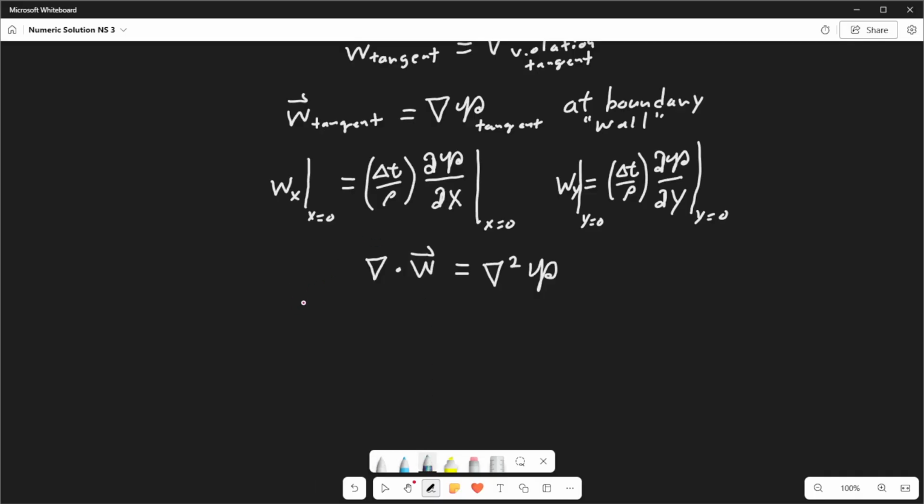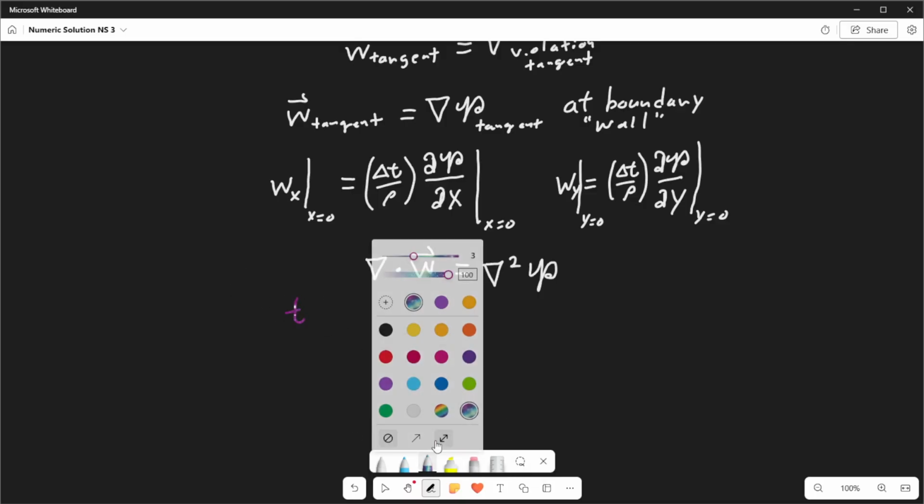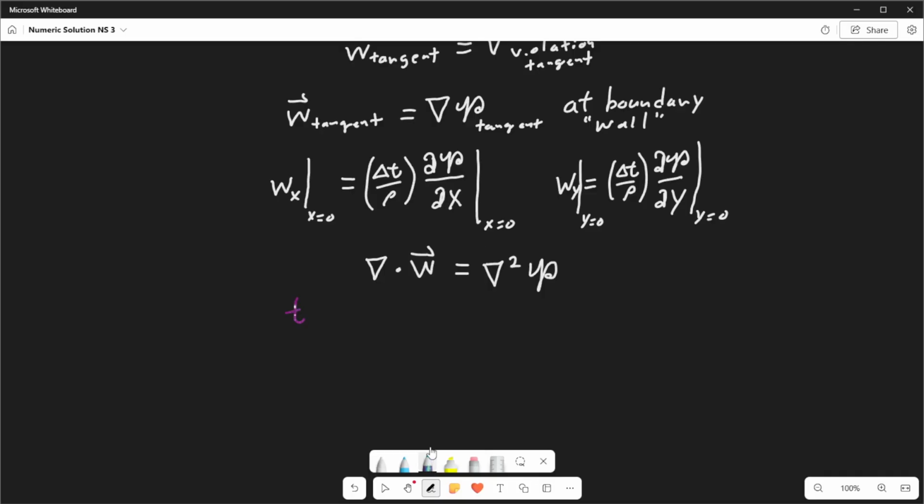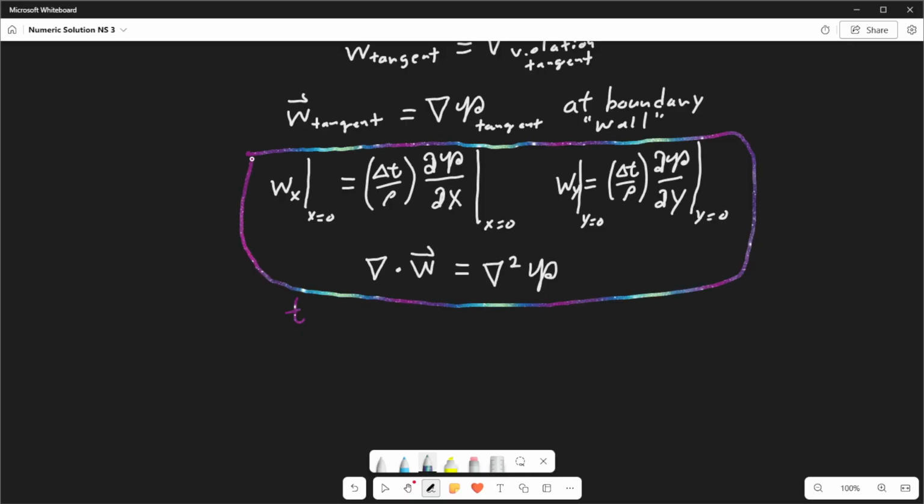Taking these equations together can basically be used to solve for the gradient of p, and as will be shown, that in turn can be used to solve for the U at the next time step.